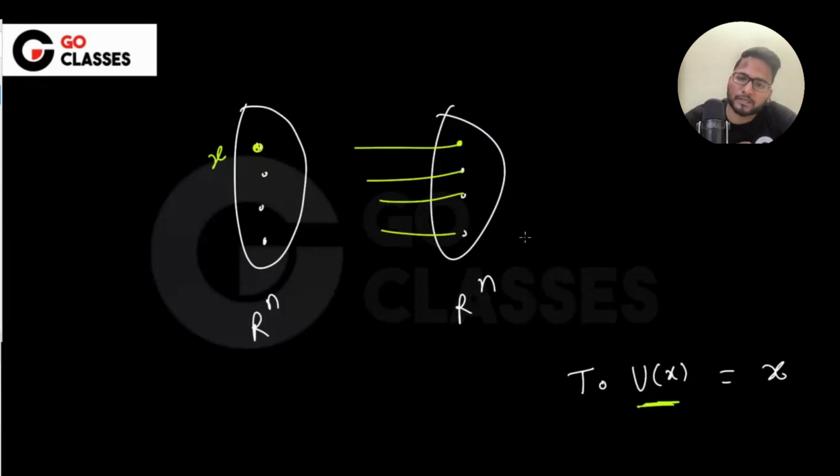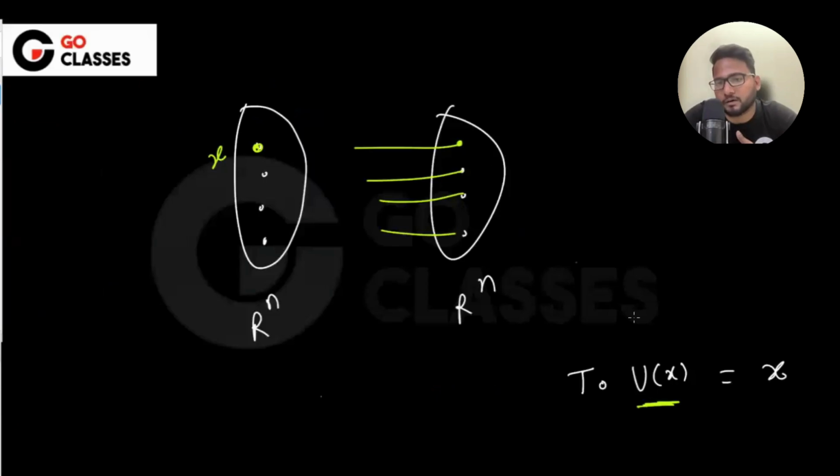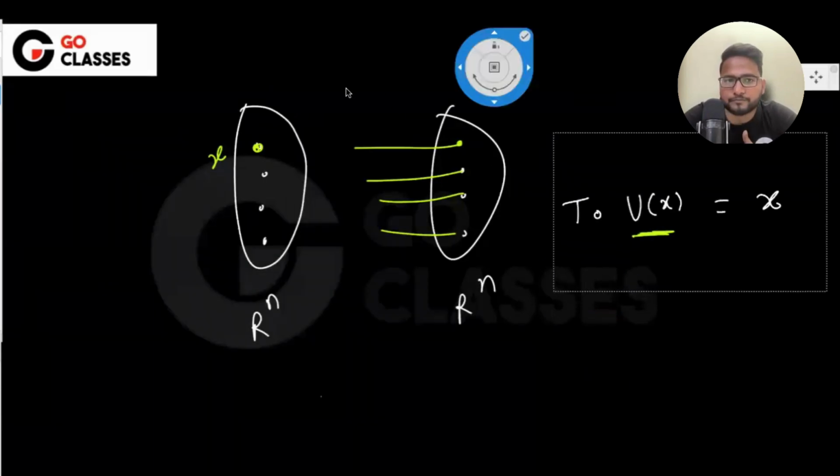Yeah, inverse must exist. So Ajay is saying we have n linearly independent columns, determinant is not 0, therefore inverse exists. No, I want to check whether, okay, so basically we want to check, does this mean that function is onto?